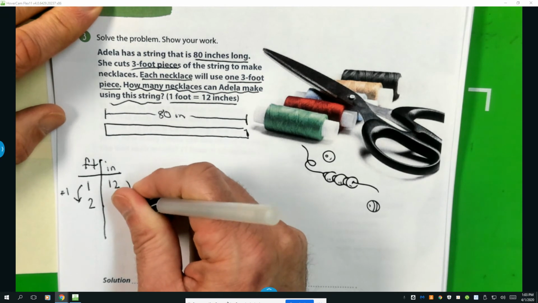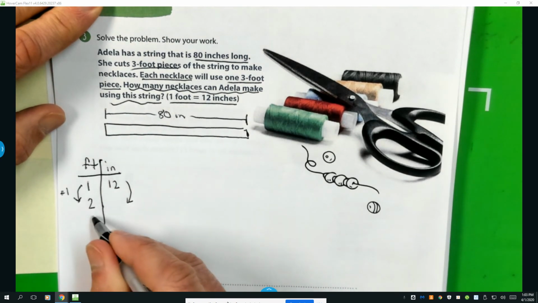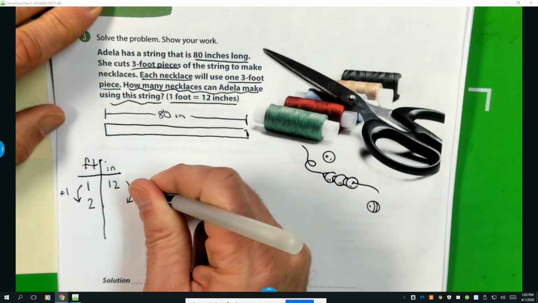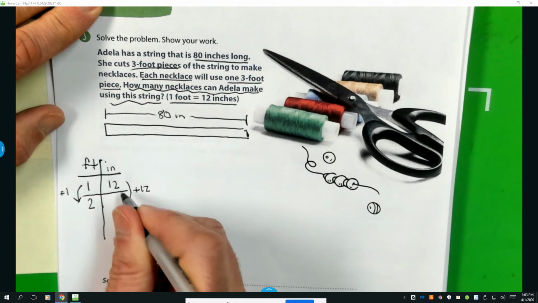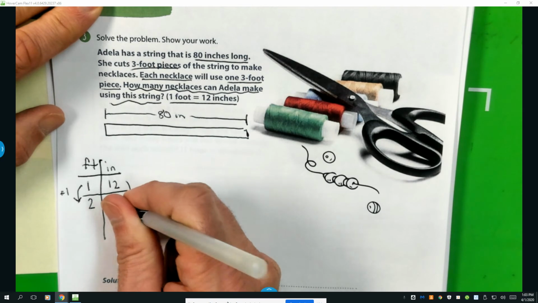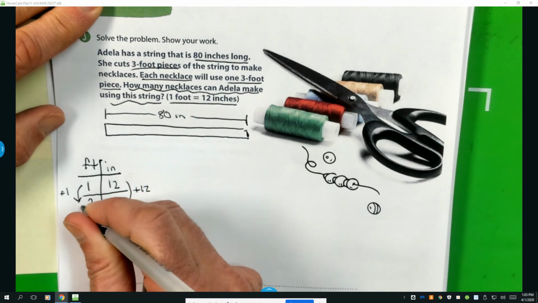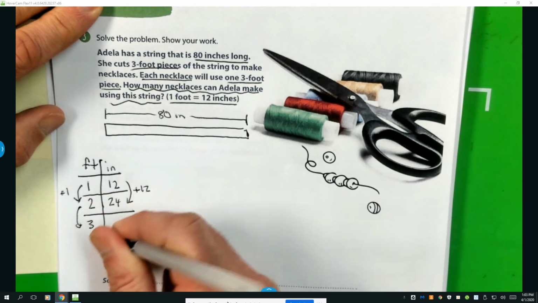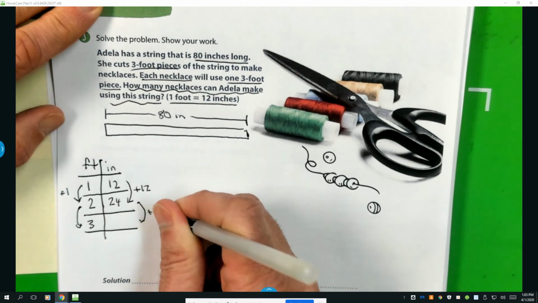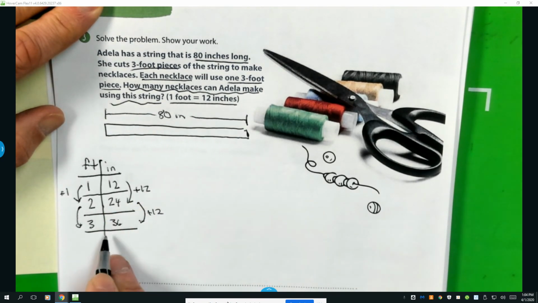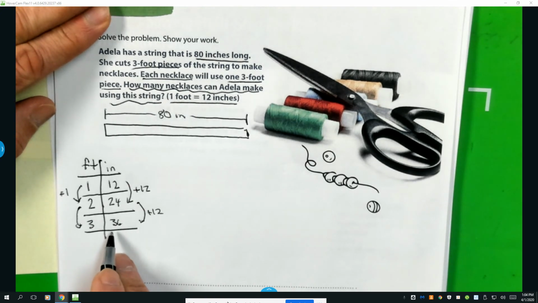And on this side, what are we going to have for our relationship? So to go from 2 feet, it's going to be a +12. So when we go to 2 feet, it's going to be 24 inches. Add another 1. 3 feet is going to be what? Add 12. 36 inches. And now we know what we're dividing by. 3 feet is going to be 36-inch pieces.